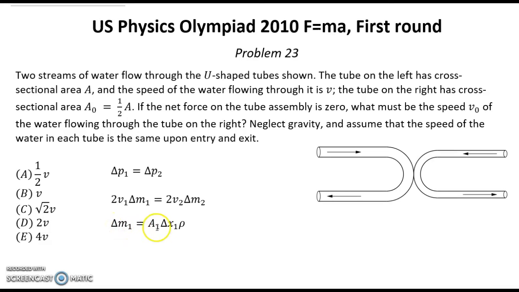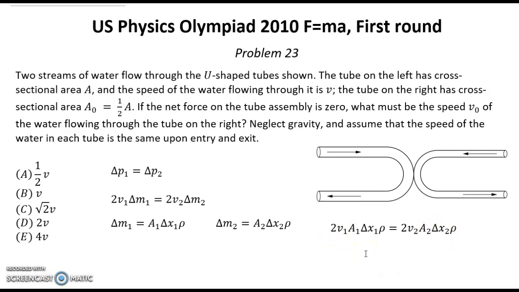For the same reason, we have delta m2 equal to area A2 multiplied by dx2 multiplied by the density of water, rho. So now we can insert these expressions for dm1 and dm2 in this equation, and we will get this expression.